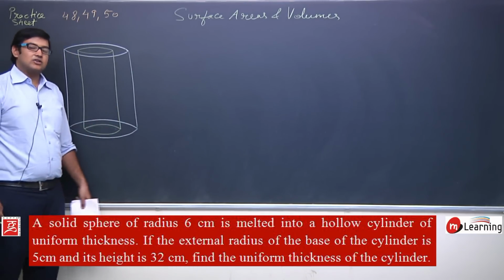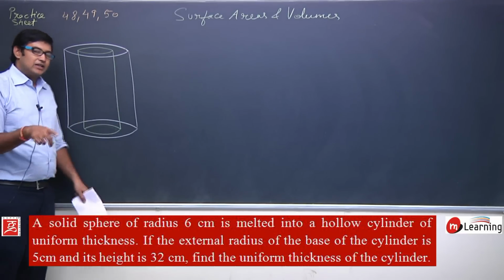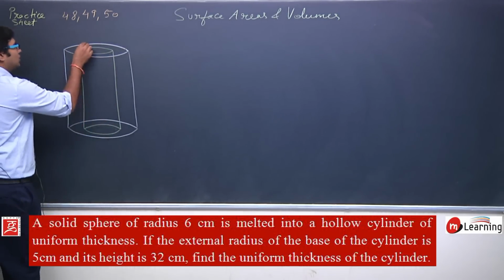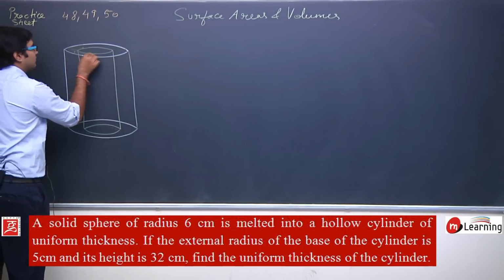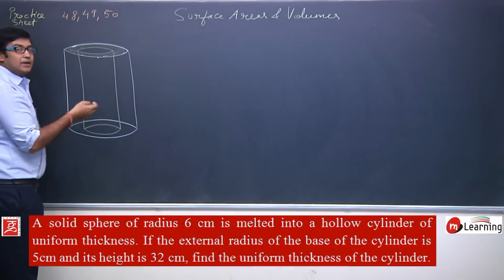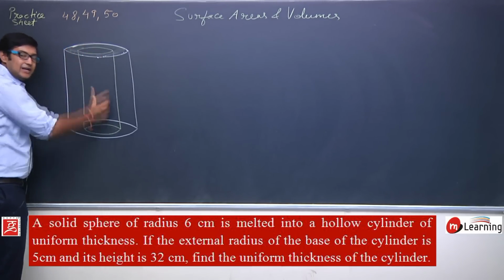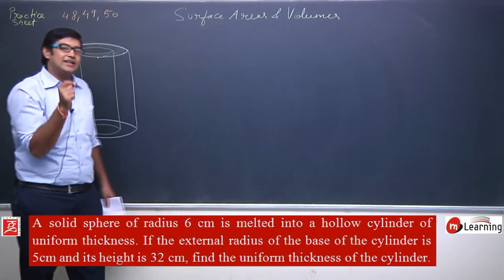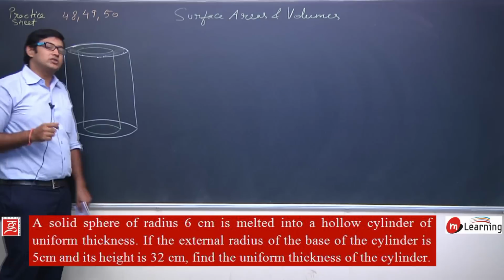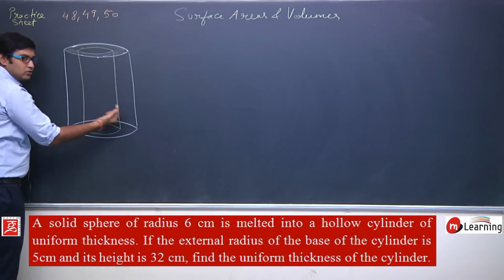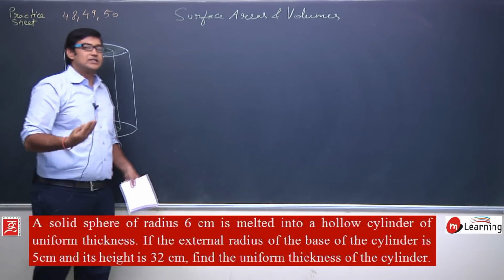Okay, this is the hollow cylinder. The material that is taken from the sphere is used to make the walls of this cylinder. Please remember, it's a hollow cylinder. So the inside portion has nothing. The material of the sphere is not used to make the internal portion of the cylinder, it's only used to make the walls of the cylinder.